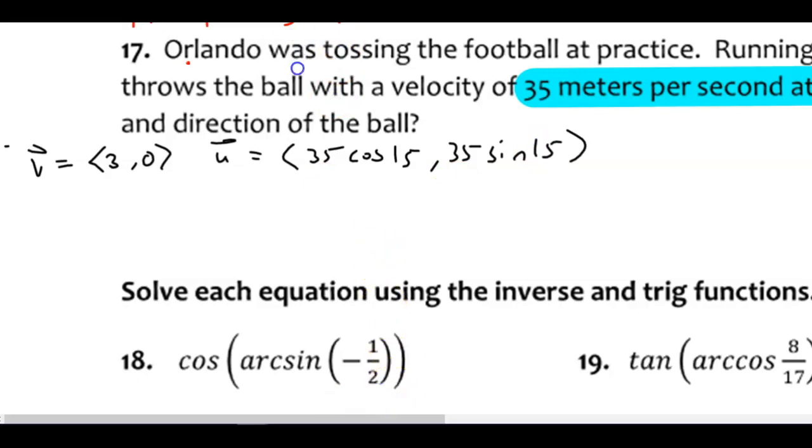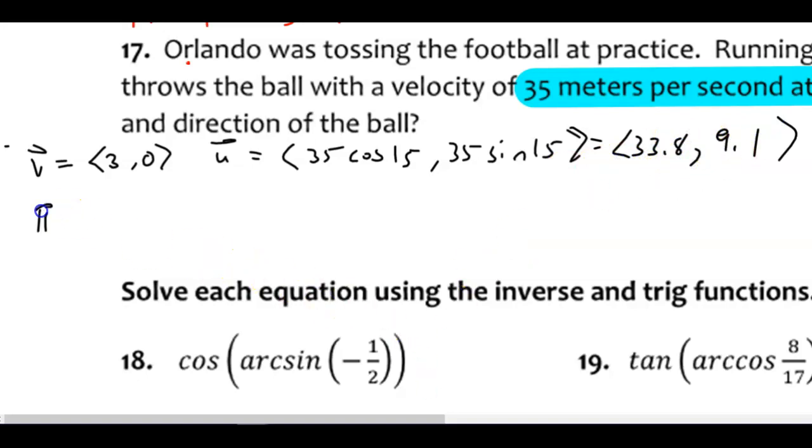So I'm going to simplify U real quick. 35 cosine of 15 is going to be 33.8, and 35 sine of 15 is going to be 9.1. And all I'm doing is rounding to the nearest tenth, by the way, guys.